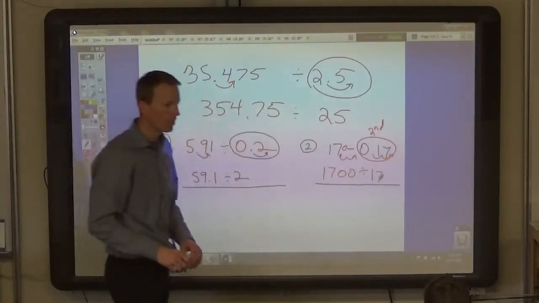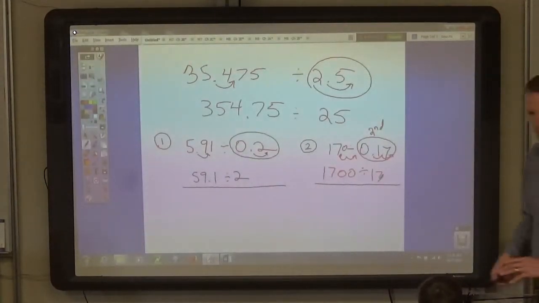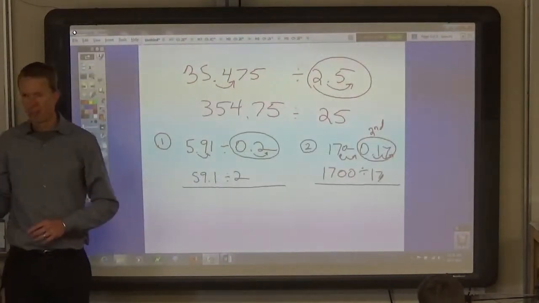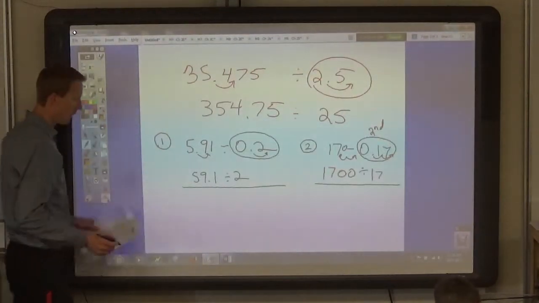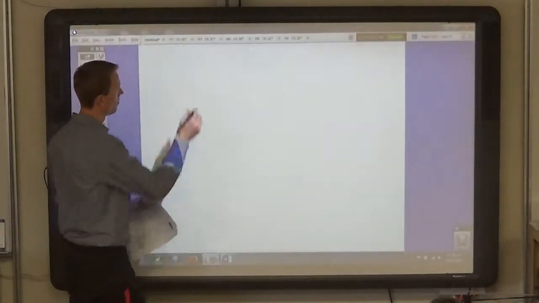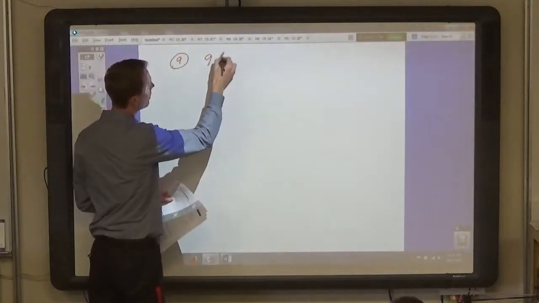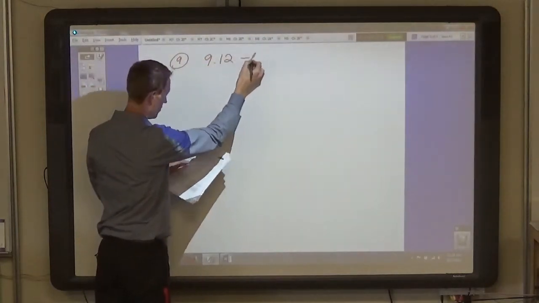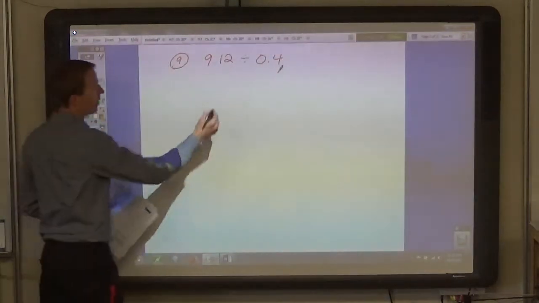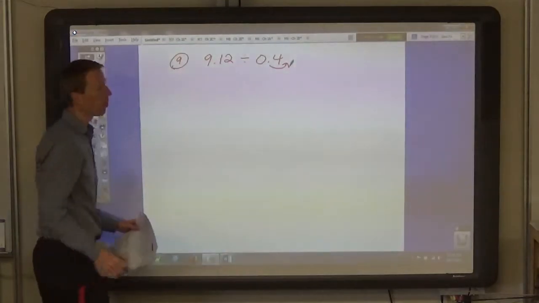Any questions on moving the decimal point over? Then, underneath numbers 9 through 12 is the actual division you have to do. So in number 9, the first thing I want you to do is rewrite the problem and show how you're moving the decimal point with arrows.